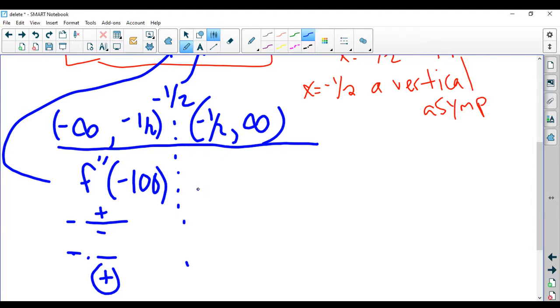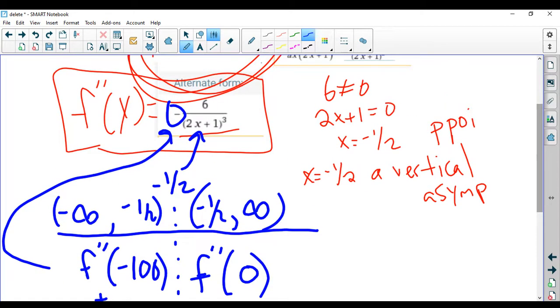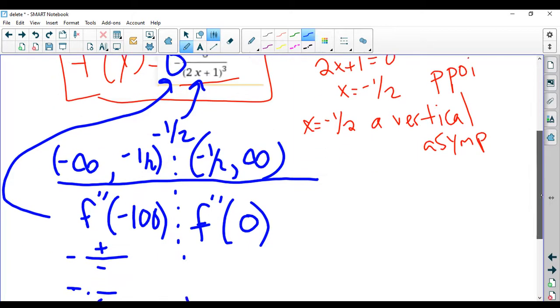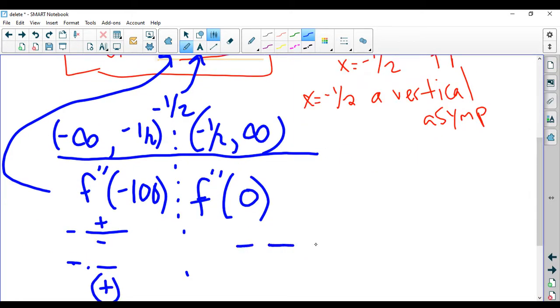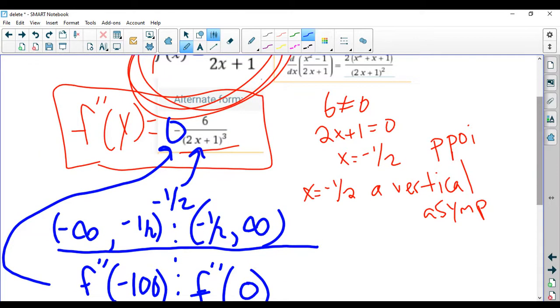The next interval, we're going to plug in anything after negative 1/2. 0 is the easiest. The second derivative now, we have a negative. 6 is positive. And obviously 2 times 0 plus 1 is positive.